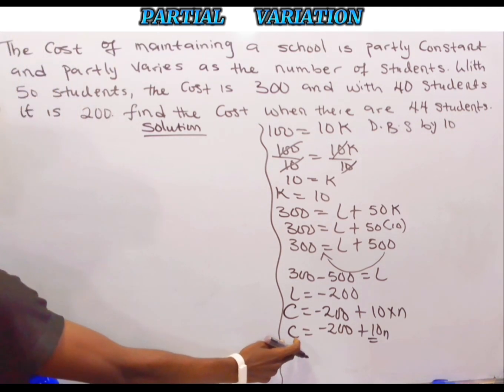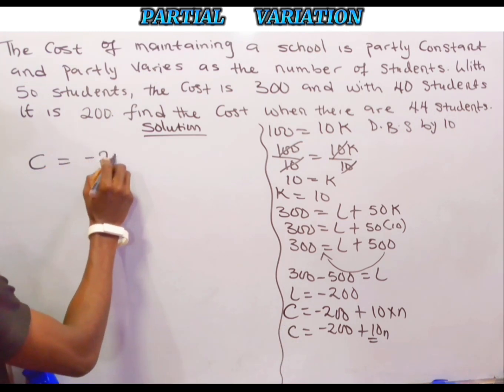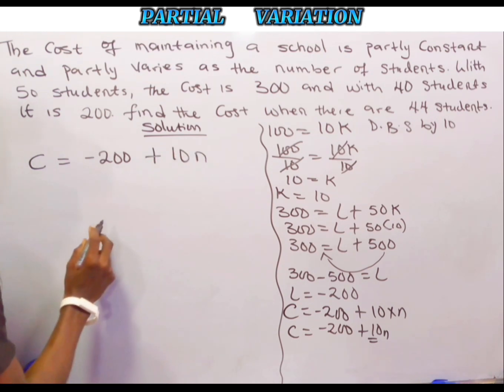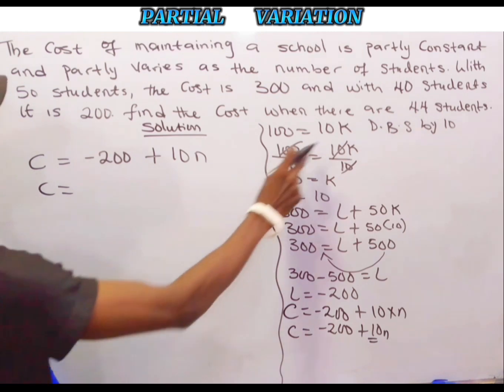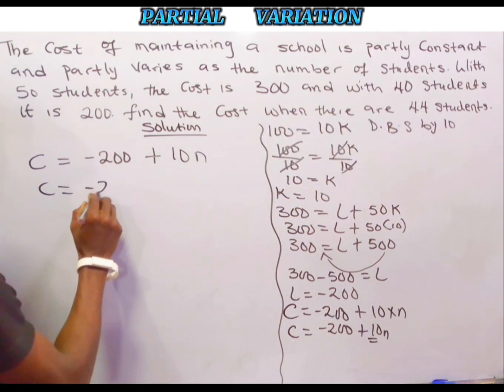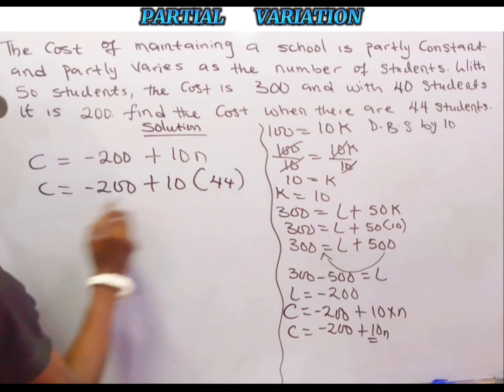We'll use the equation that links C and N, which is C equals negative 200 plus 10N. We are looking for the cost, which is C, when there are 44 students. N is 44. So negative 200 plus 10 times 44.